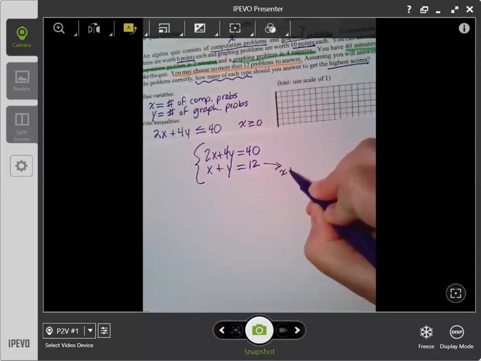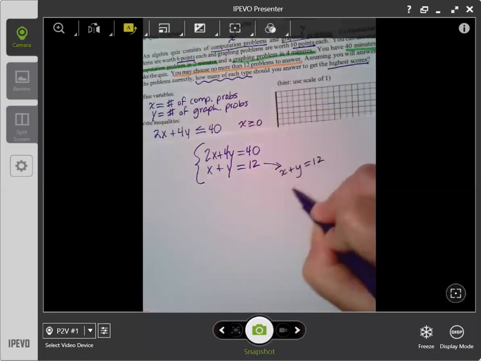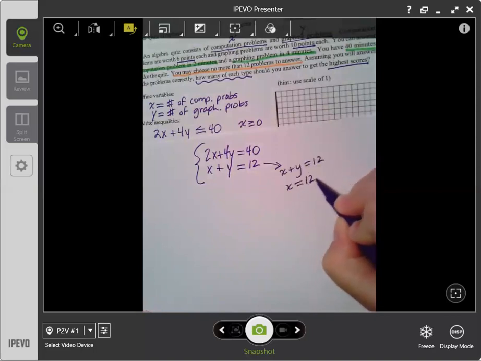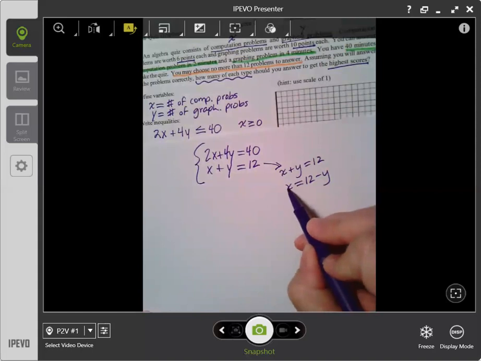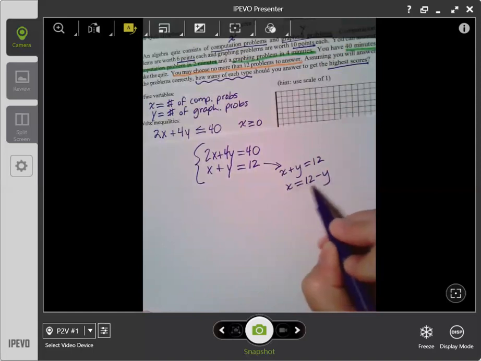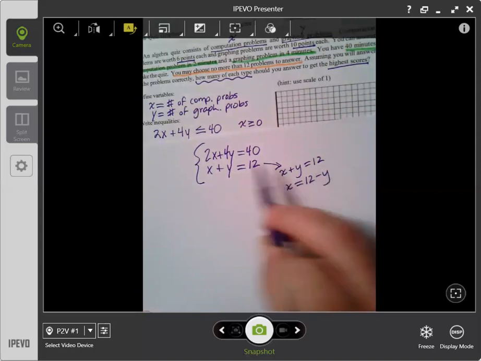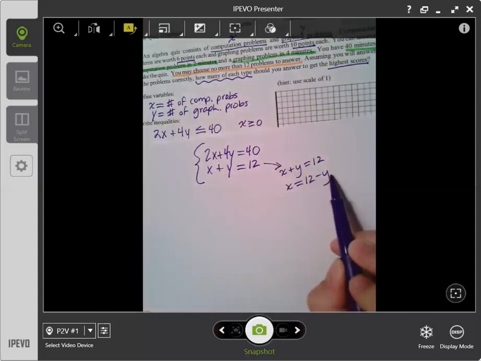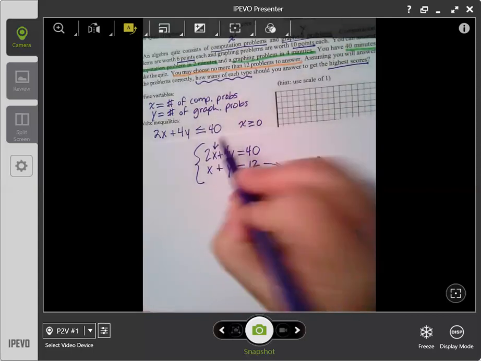So I'm going to take one of the equations where it looks like it would be easy to solve for one of the variables, and it is. Now I've got one of the variables alone. So x is alone, so I have an alternate expression for x in terms of y. Instead of writing an x in this other equation, I'm going to write 12 minus y. I'm going to plug it in right there.